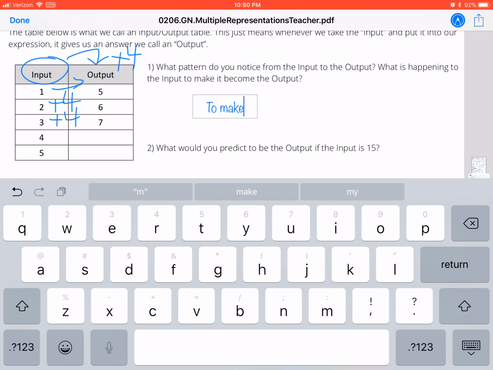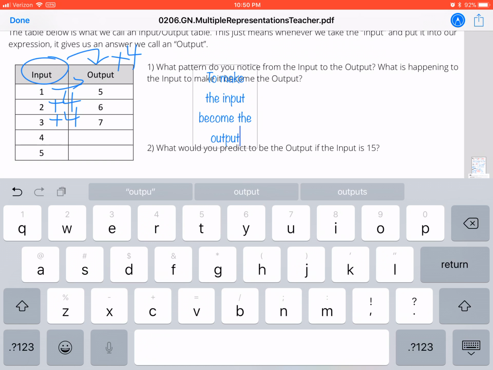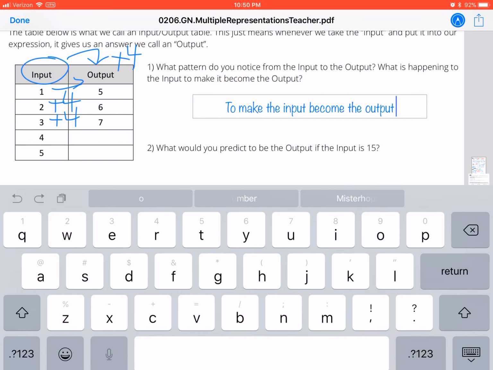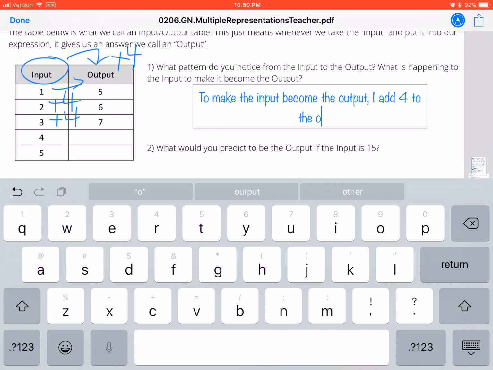To make the input become the output, I add 4 to the input.